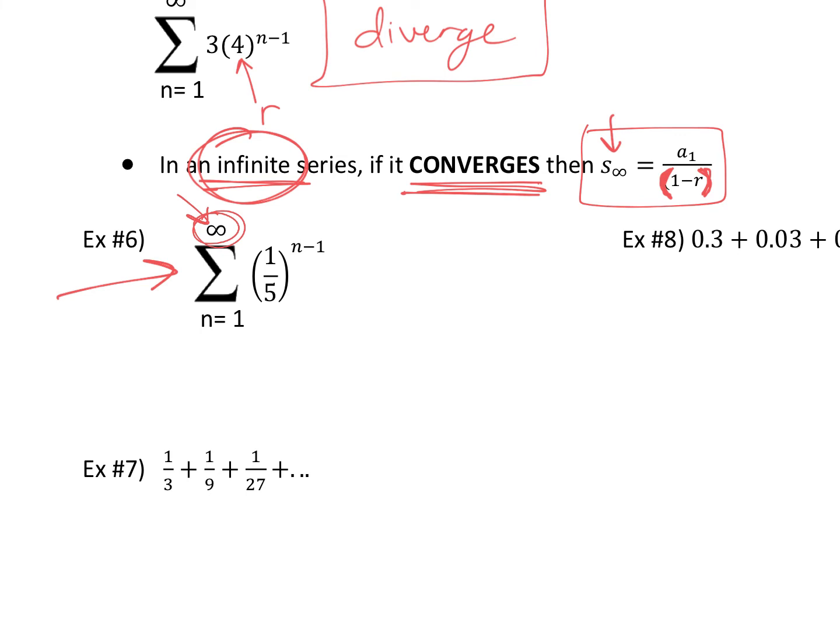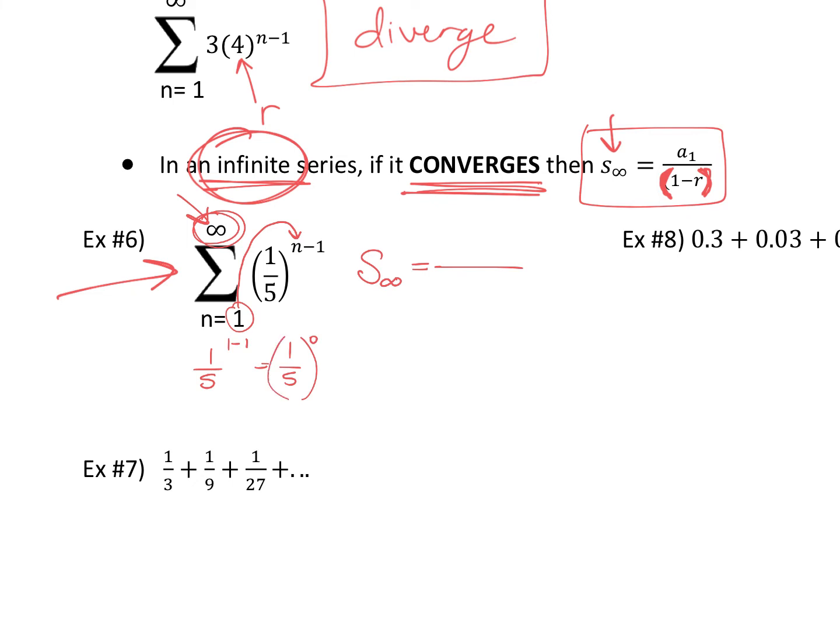So I'm going to say this one, the sum to infinity. What is a sub 1? It's 1, right? If I take my number 1 and plug it in for n, I'm saying 1/5 to the 1 minus 1 power, which is 1/5 to the 0 power.